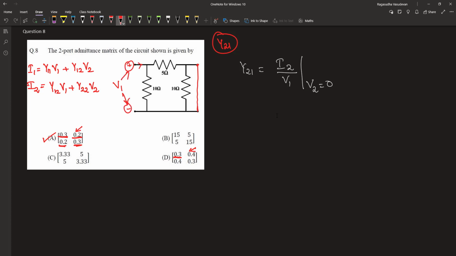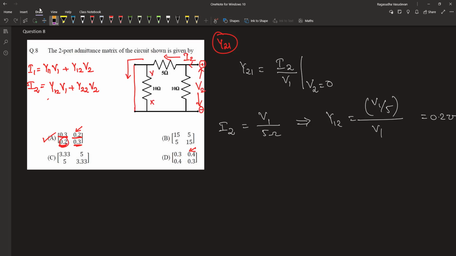So I1 will be this current and I2 will be this current, the current that is flowing through this 5 ohm resistor. I2 is equal to V1 divided by 5 ohm, and this implies that Y21 is V1 by 5 ohm divided by V1, which is equal to 0.2.